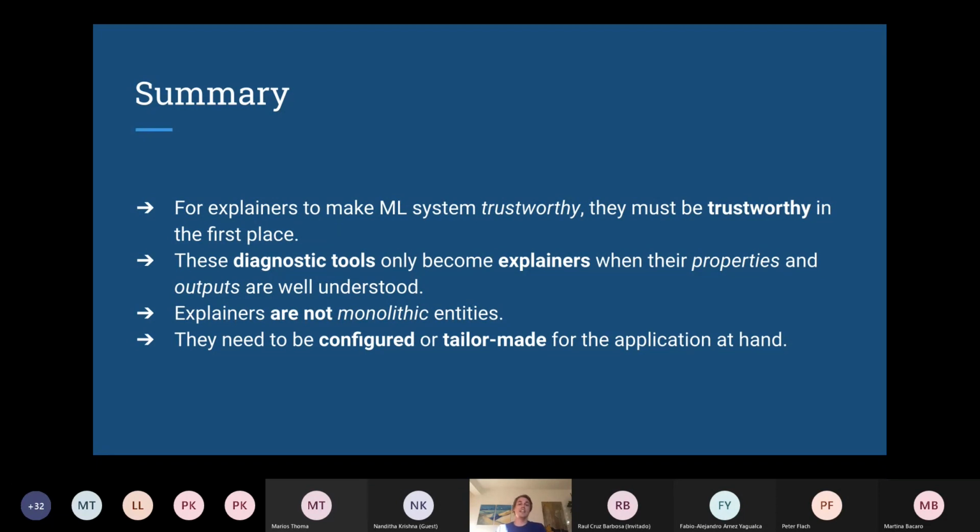And this clearly highlights that these are not monolithic entities. They are quite modular, and you should pay attention to every single module that you put into your surrogate. And finally, these are only diagnostic tools, and they become explainers only when you understand the properties of the method that you use and the outputs that it produces.